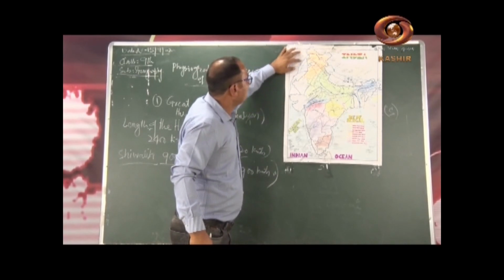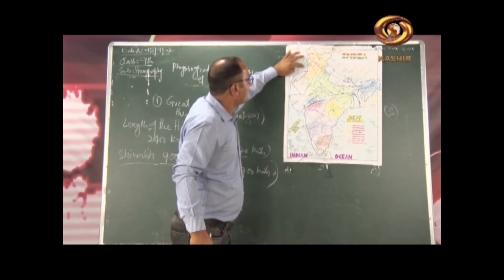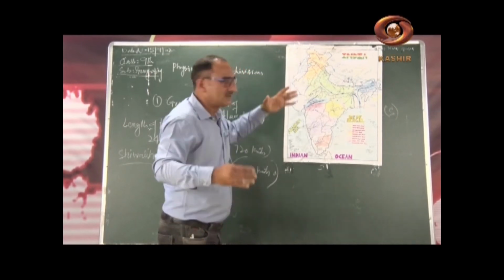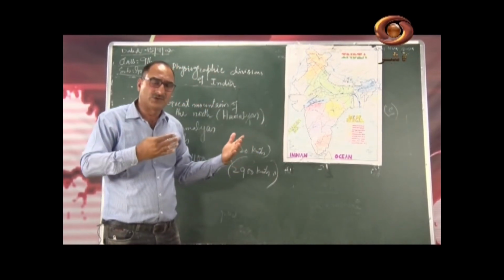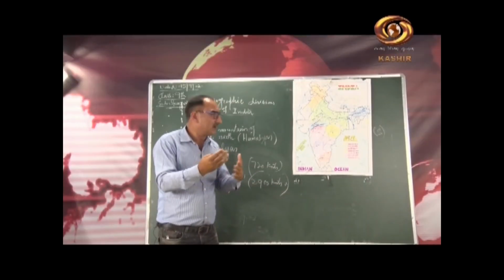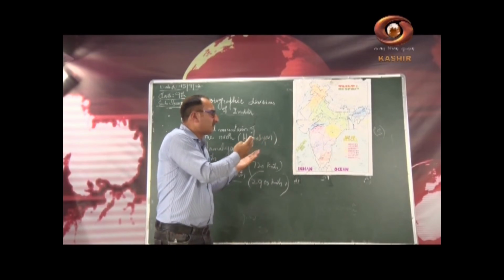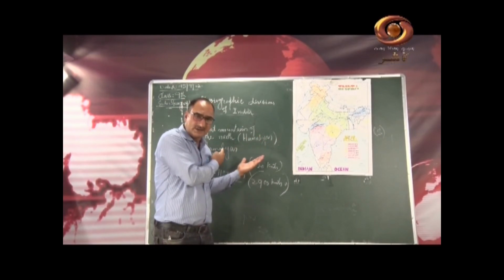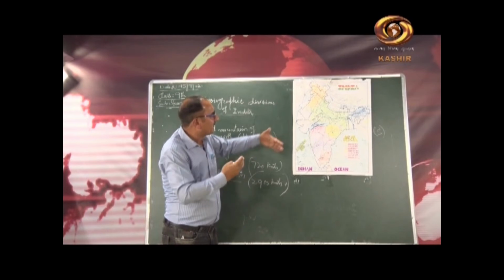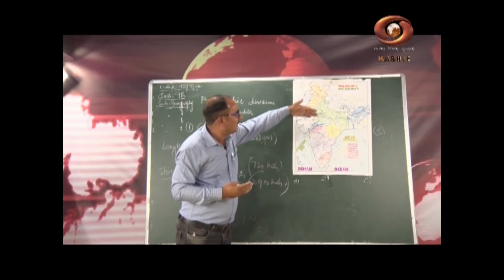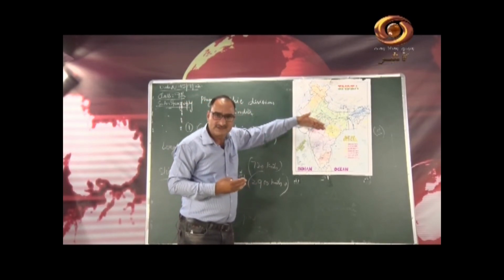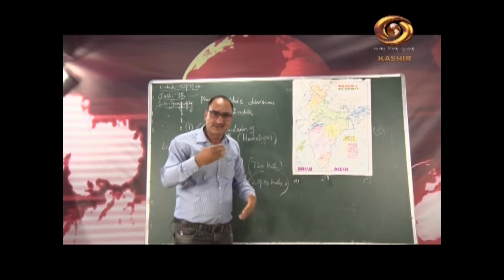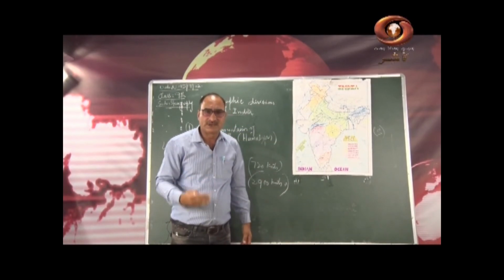These are five rivers: Indus, Jhelum, Chenab, Ravi, Beas, Sutlej, which have their source in the Himalayas, and ultimately they flow west and go to Pakistan. Now, in the next chapter we will discuss the northern plains.